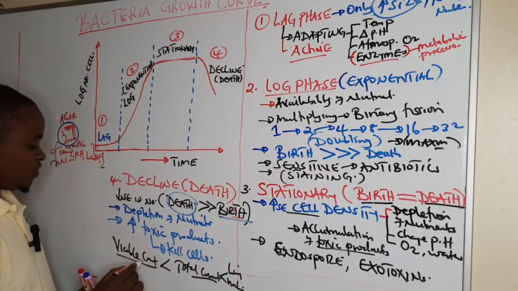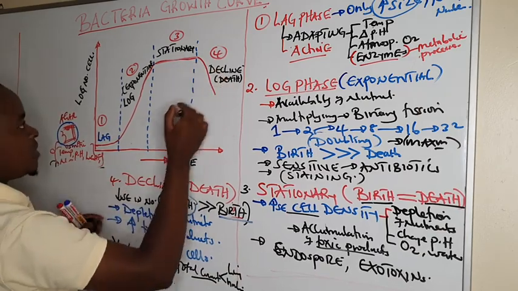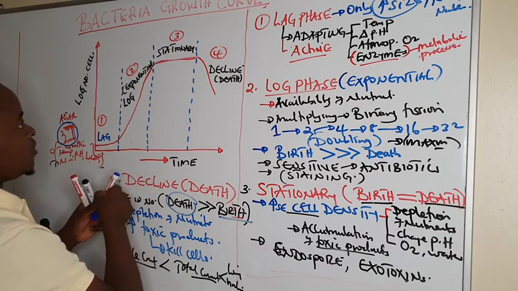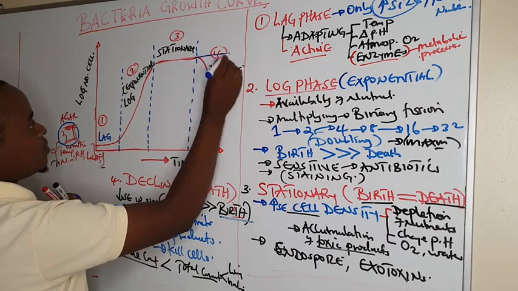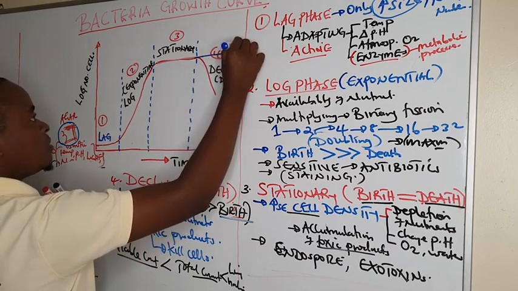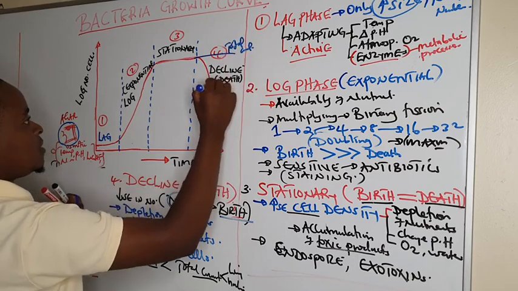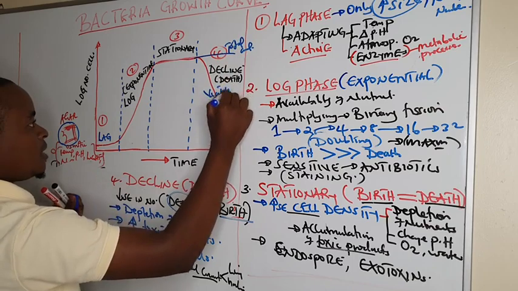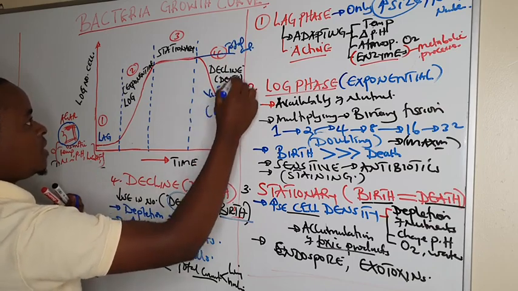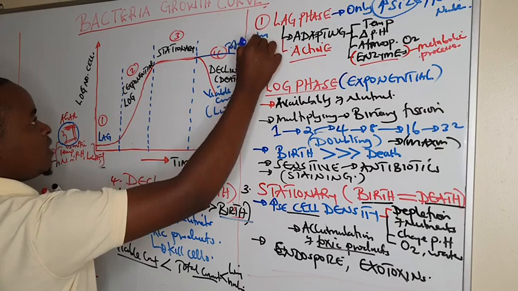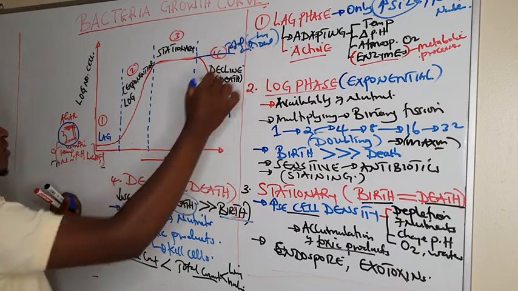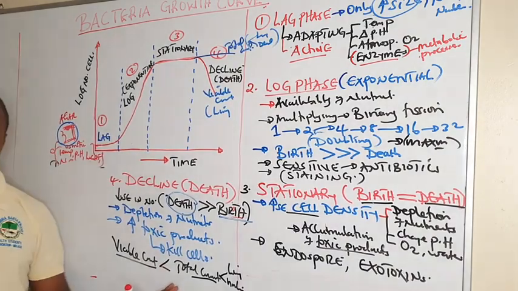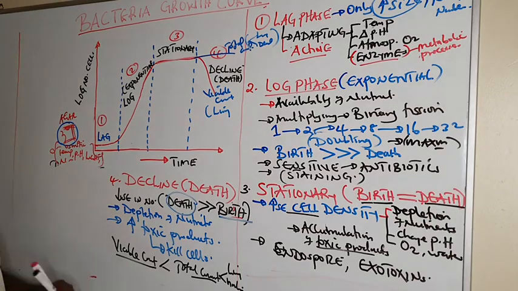So at this stage, the viable count decreases, but the total count remains constant. So this is the total count. Then this is the viable count. These are the ones which are living. Then this one combines those which are living and those which are dead. The viable count being less than the total count.